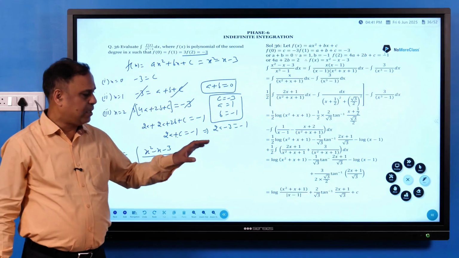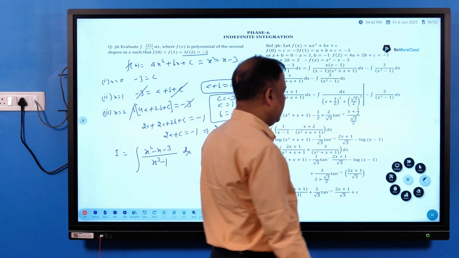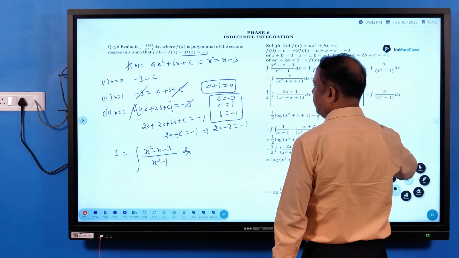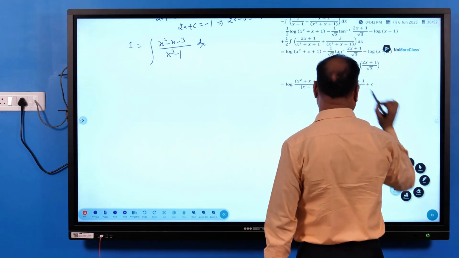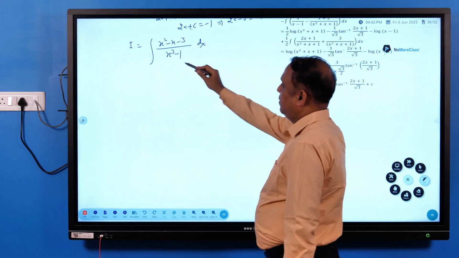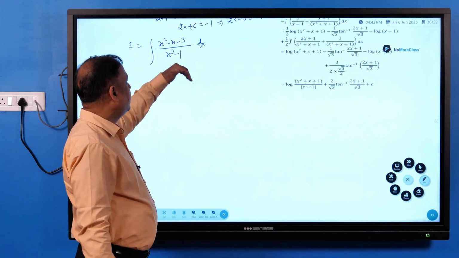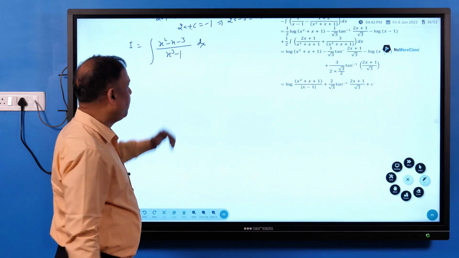Now this question is converted into polynomial form, which means we have to use partial fractions. Directly we will use partial fractions because the degree of the denominator is more than the degree of the numerator, so it is a proper fraction.